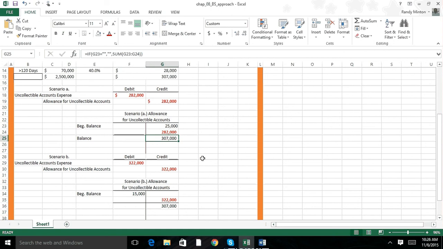In the balance sheet approach, this number does not fluctuate. It has to be the same each time, again, because this is the balance sheet account. This allowance for uncollectible accounts, that's the balance sheet account. We weren't concerned about it in the previous video.